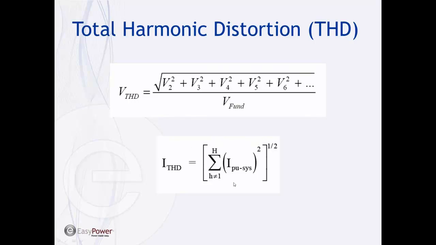And it's the same principle for current total harmonic distortion. What we do is we take the square root of the sum of the squares of the individual harmonic currents.